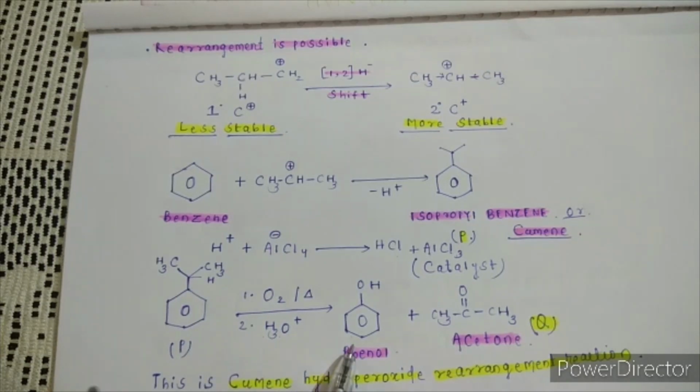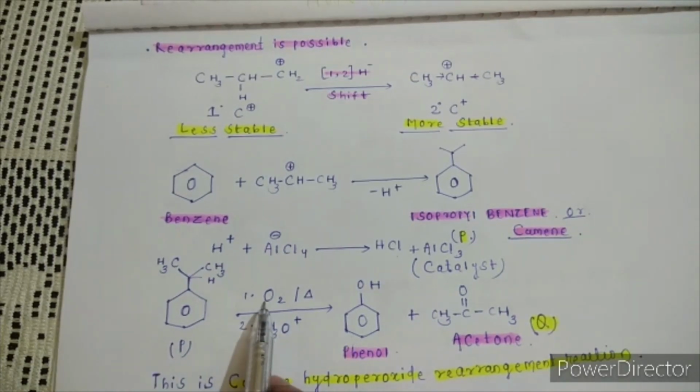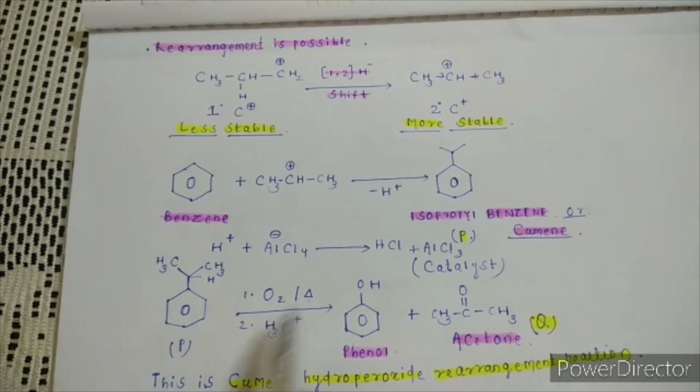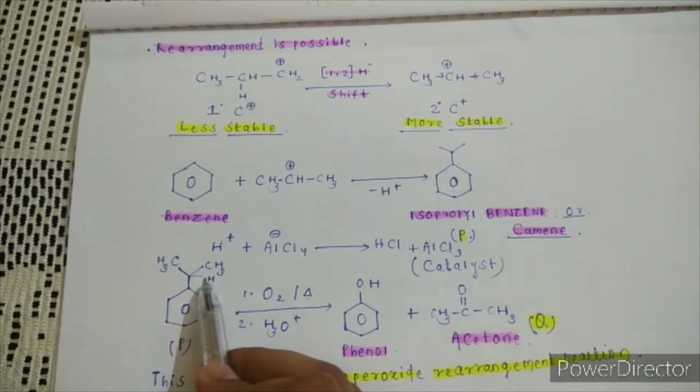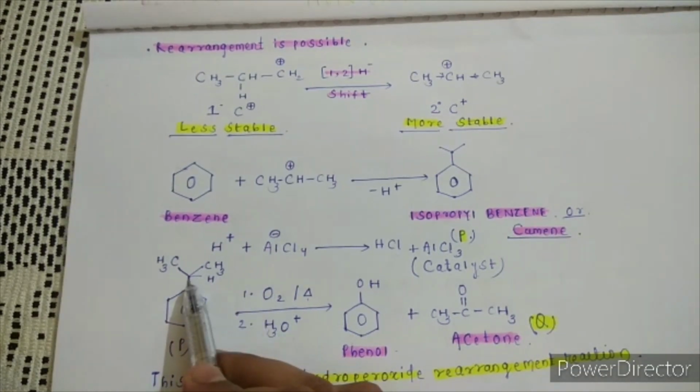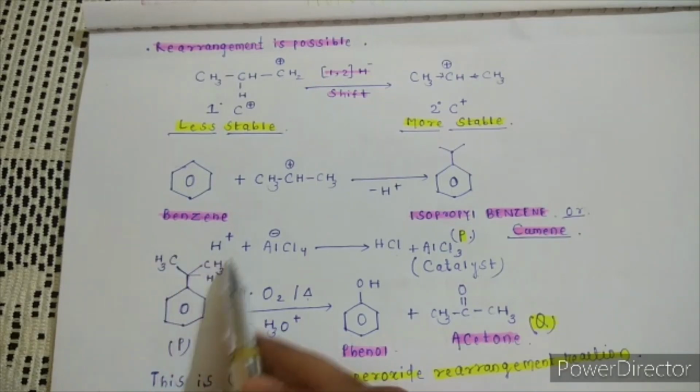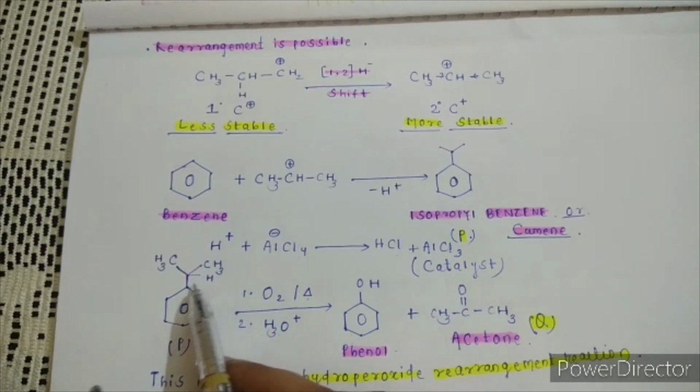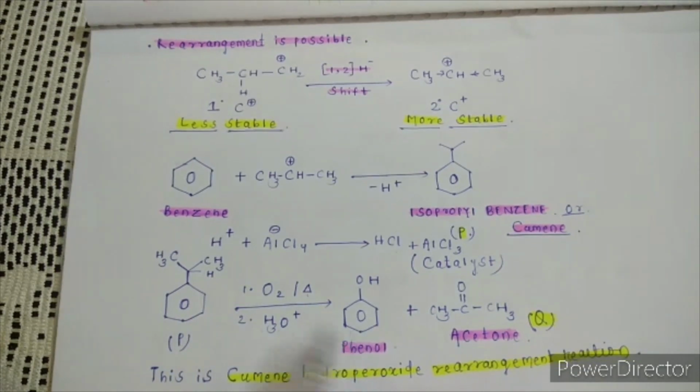How can we prepare phenol? Cumene when reacted with oxygen upon heating in the first step, and in the second step acidic hydrolysis, will form phenol plus acetone. Here what happened? In between carbon and hydrogen, this oxygen will insert, and after that this shifting will take place. The benzene will shift to the oxygen and it will form phenol, with acetone formation taking place.